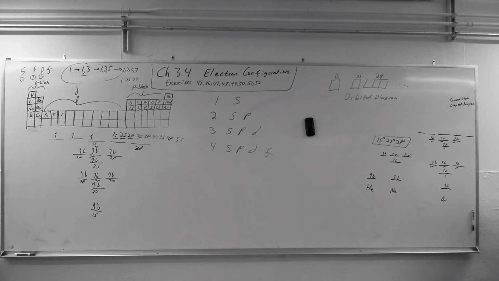Little diagram. Let's see what they mean by orbital diagram. 45, 46. Electron configuration, electron configuration. Orbital diagram is just one of those different ways to represent things. That's 47.